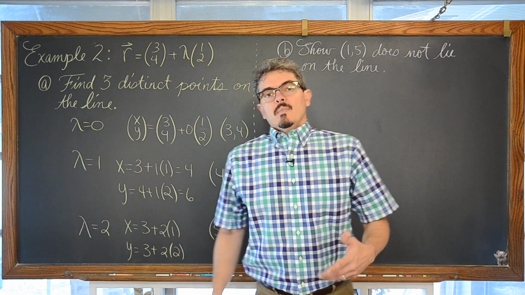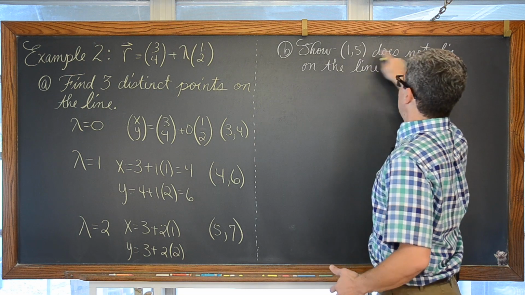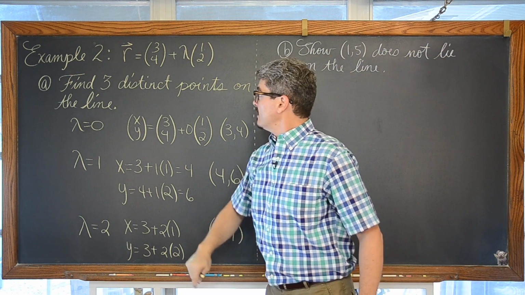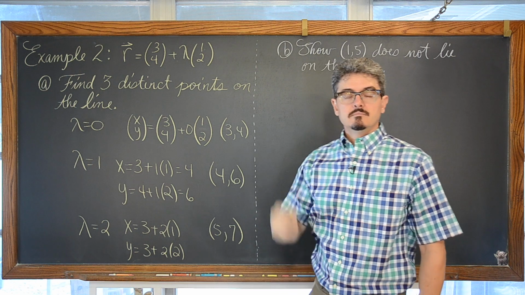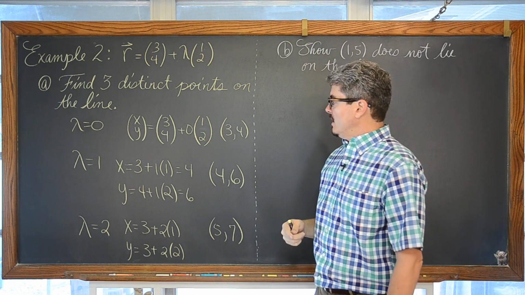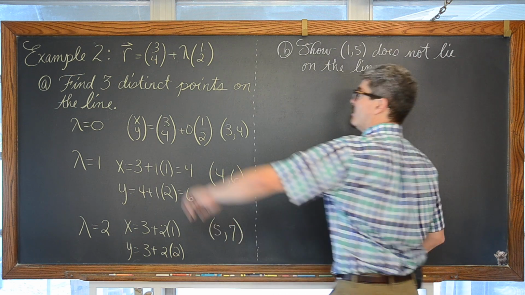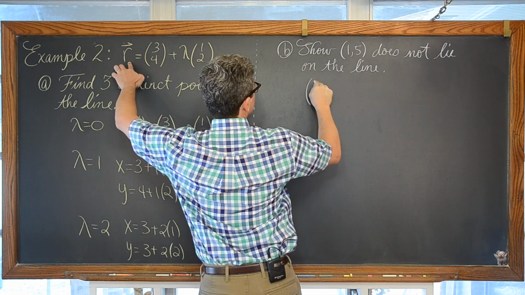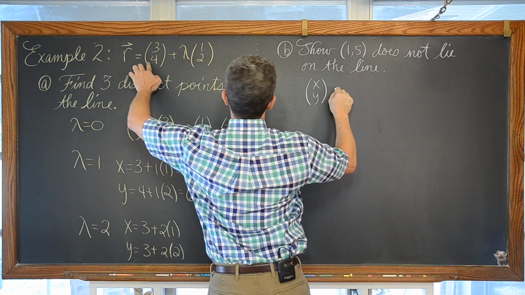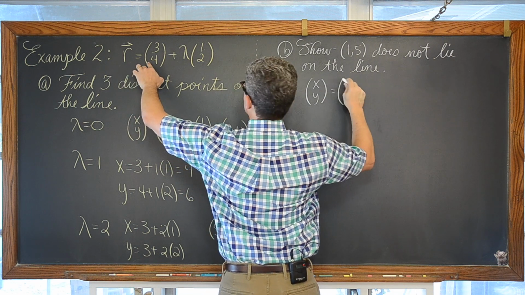So now, how do you show that 1, 5 does not lie on this particular line? Well, again, maybe we should go ahead and do that, writing this in parametric form. Since I keep using that, I should have maybe done that in the first place.